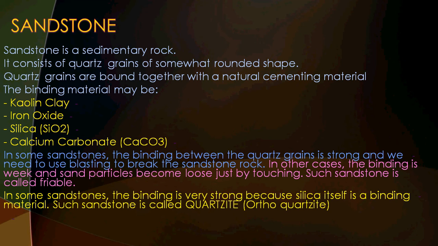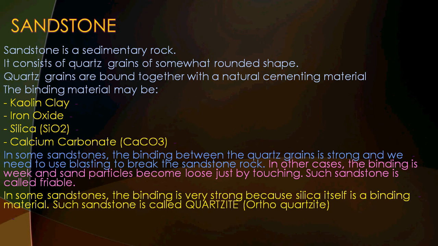If you break sandstone with the hammer, you will see there are sand grains, and if you look with the hand lens, the sand grains are somewhat rounded. They can be well rounded, but at least somewhat rounded, and these sand grains are bound together either by means of kaolin clay, iron oxide, silica, calcium carbonate, etc.